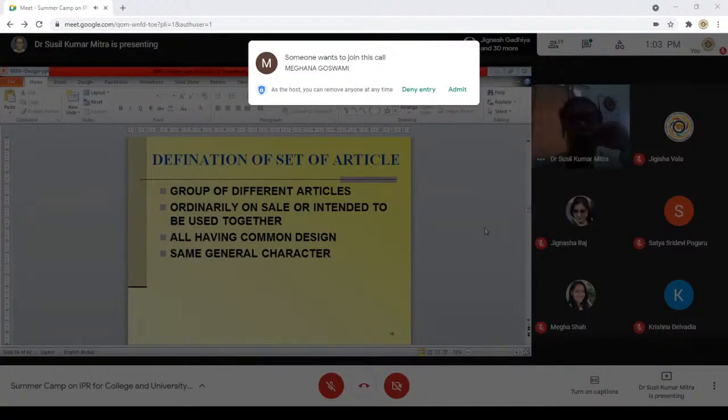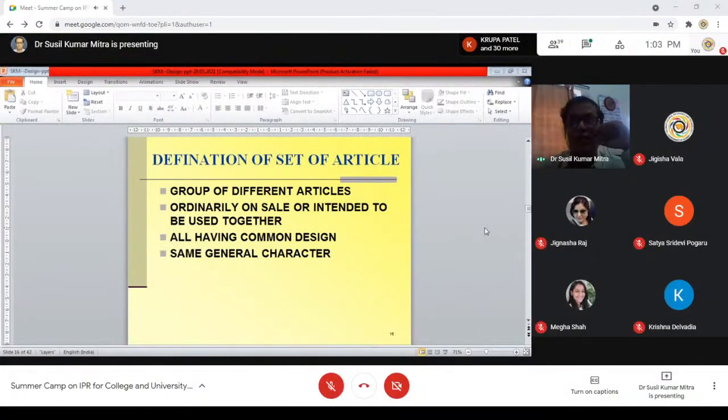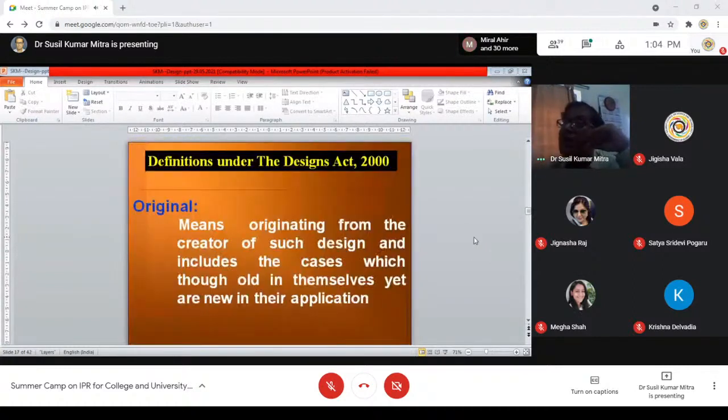Whenever I am going to purchase a coffee set or a tea set or a sorbet set, then always we have to purchase the total material, that is, the 6 plates, 6 cups, and 1 container, having the common design and the same general character. So though they are different, because they are sold as a set, they can be registered as a set also.